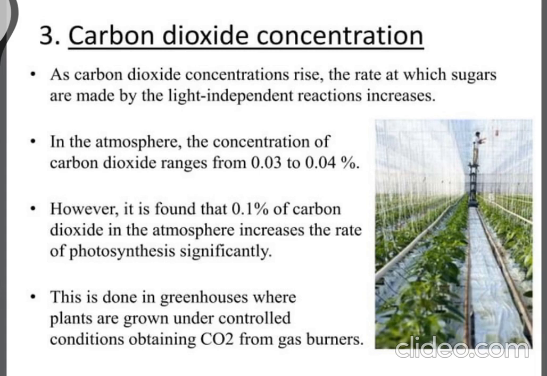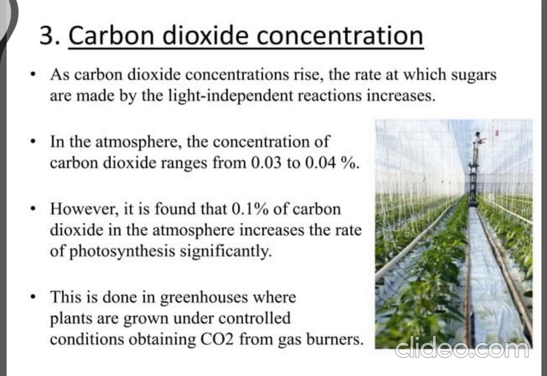However, it is found that 0.1% carbon dioxide in the atmosphere increases the rate of photosynthesis significantly. This is done in greenhouses where plants are grown under controlled conditions, obtaining carbon dioxide from gas burned.